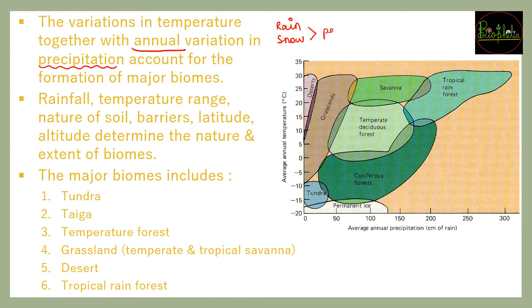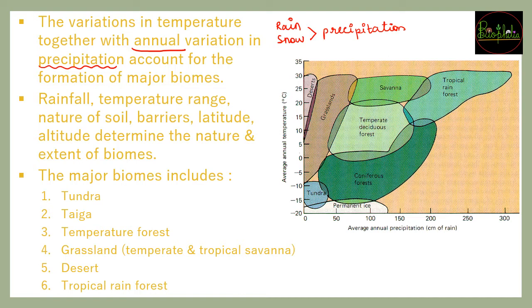Both come under the concept of precipitation. So precipitation का कितना amount है, कितने देर तक हो रहा है या किस form में हो रहा है, whether it is liquid water in the case of rain or in the solid form of snow. So that is also going to change the different types of biomes.